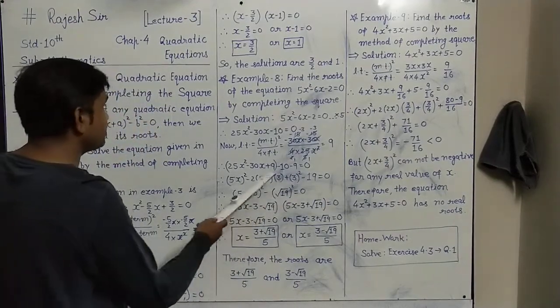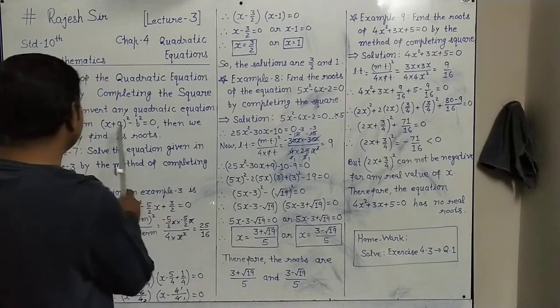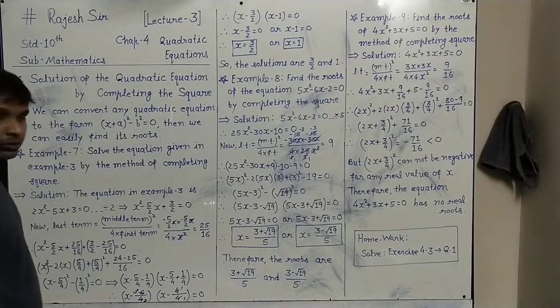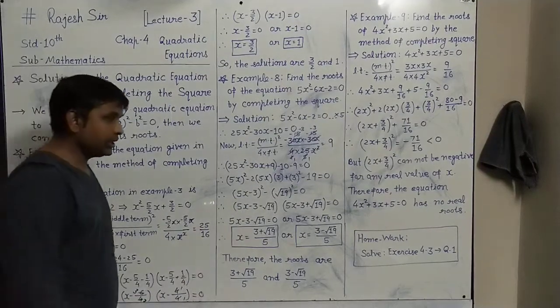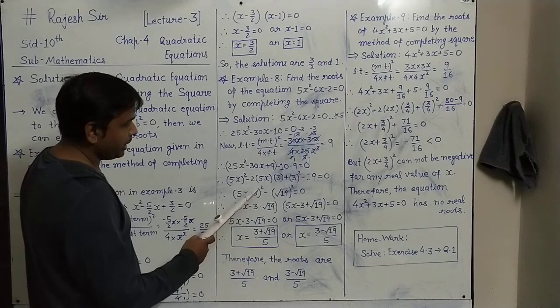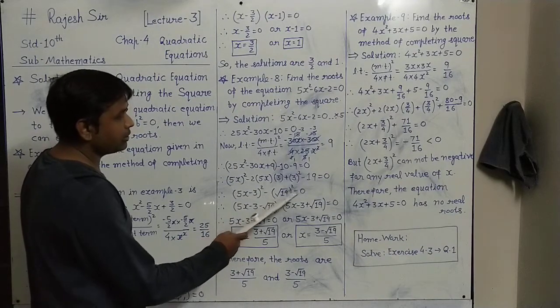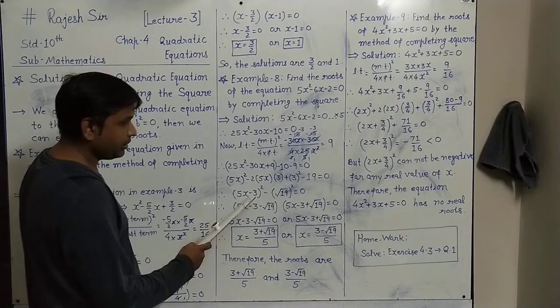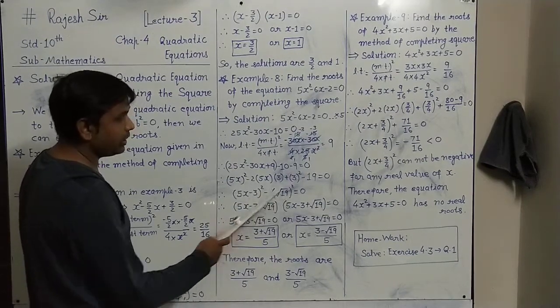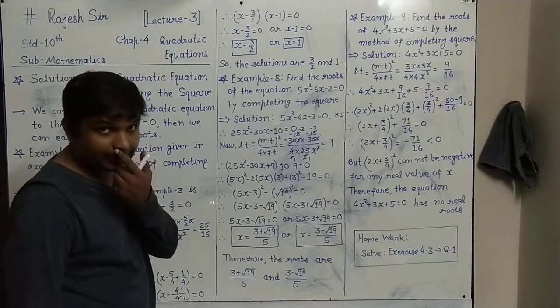Again we have made this the given equation in the form of this way, x plus a the whole square minus b square type. So we have converted in this form, and now this form is showing some bracket square minus the other bracket square, that is a square minus b square again adjusted.